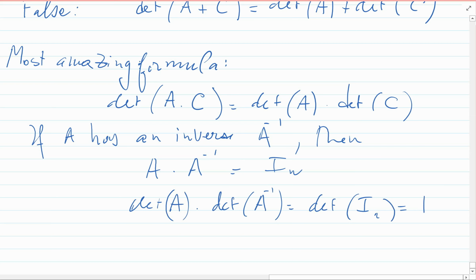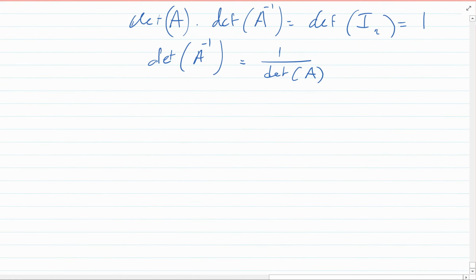The determinant of In is 1 because it is a diagonal, or upper or lower triangular matrix, and you multiply the elements of the diagonal. So we see from here that the determinant of A cannot be equal to 0, because we have something times something equal to 1. And more than that, the determinant of A inverse is 1 over the determinant of A.